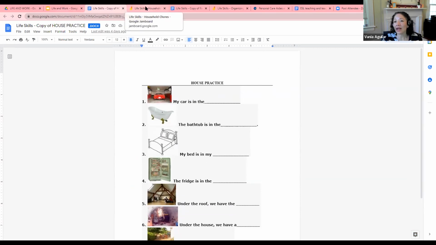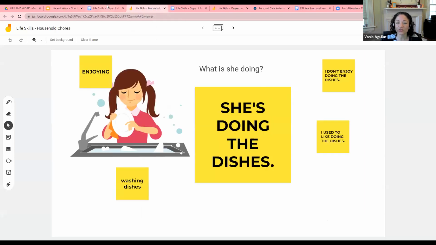But you can actually expand with the more advanced students, even using pictures. Jamboards are super, super good for the students because you can actually share. If you're doing an online class, for example, the students are able to provide their own feedback. So I like to do those with them.